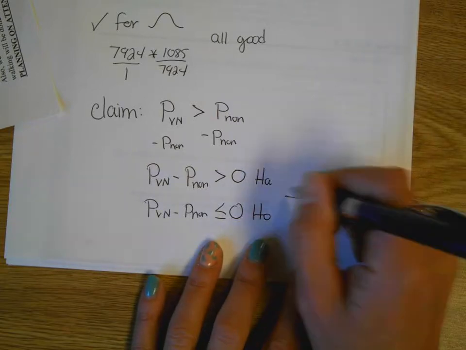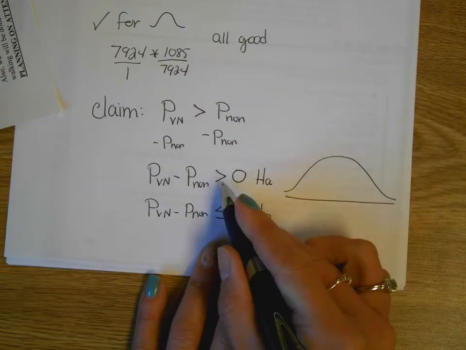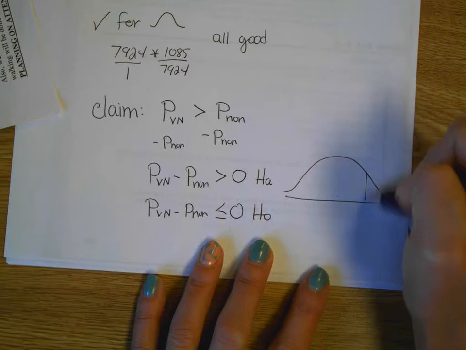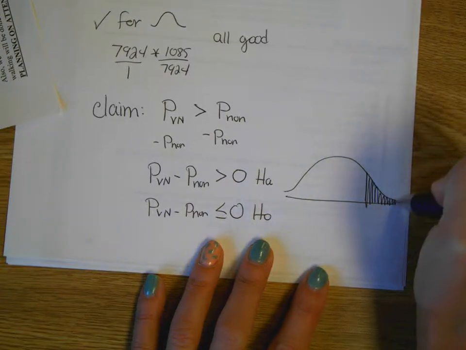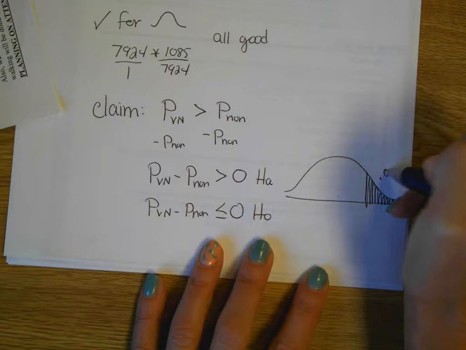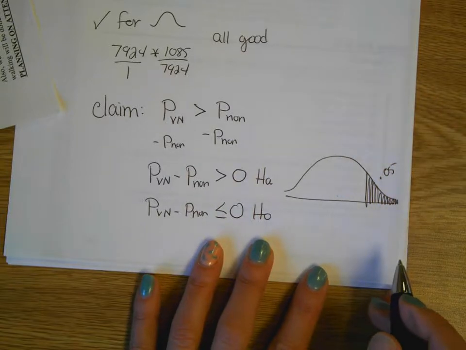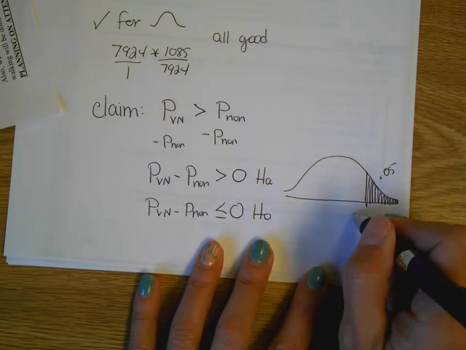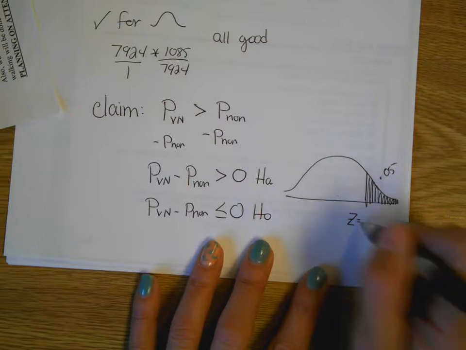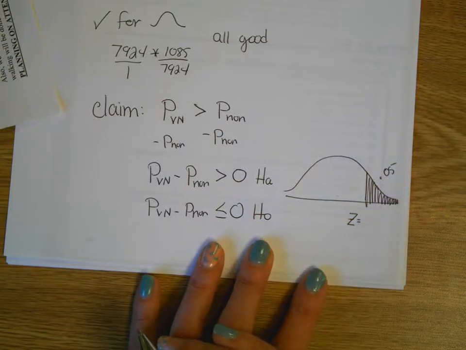So we are doing a right tail test because Ha has a greater than. 5%. Z score. Anybody have this Z score? 2.575.